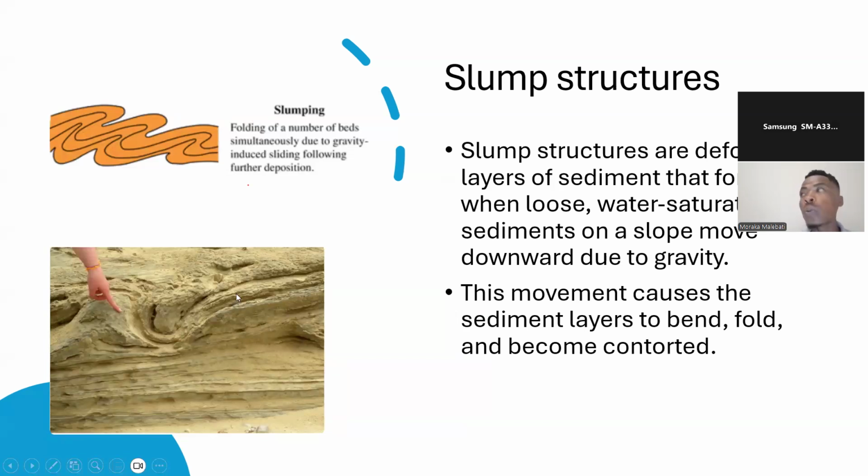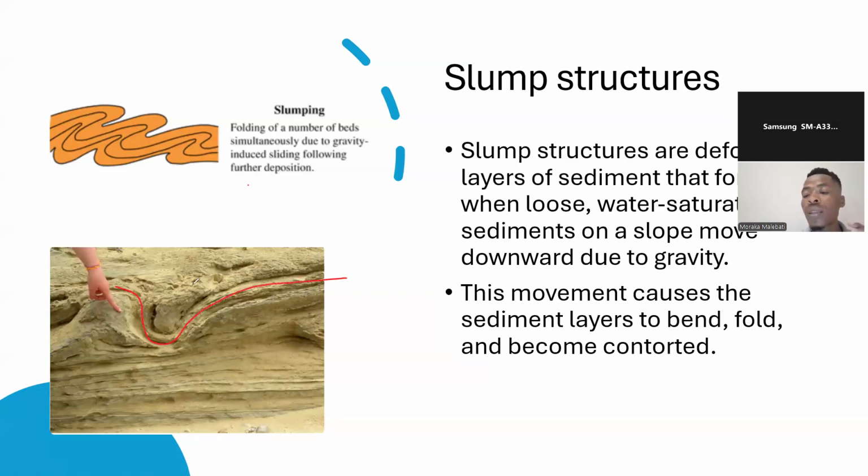If the mud is still saturated with water, the movement is going to happen because of the effect of gravity, and then the process called slumping will occur. Then, with lithification, you're going to form these structures. These structures over here are what you call the slump structures.